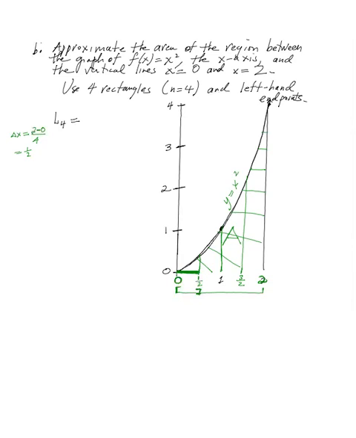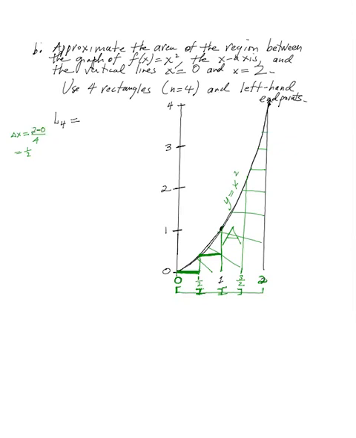Okay, the second subinterval goes from 1/2 to 1. The left-hand endpoint is 1/2. So I let f of 1/2, which is the height of this point, be the height of my rectangle over the second subinterval. The third subinterval is 1 to 3/2. The left-hand endpoint's 1.